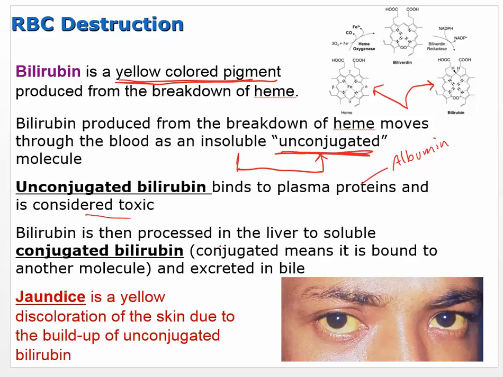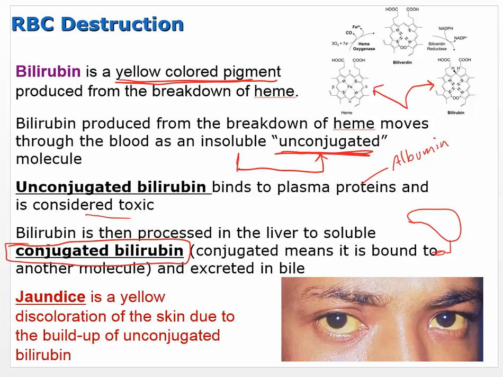Okay, so it's then processed in the liver, and it's turned into something called conjugated bilirubin. That's why we call it unconjugated, because we wouldn't call it unconjugated unless there was a conjugated form. And conjugated means that it's bound to another molecule. Once that happens in the liver, it can then move down.